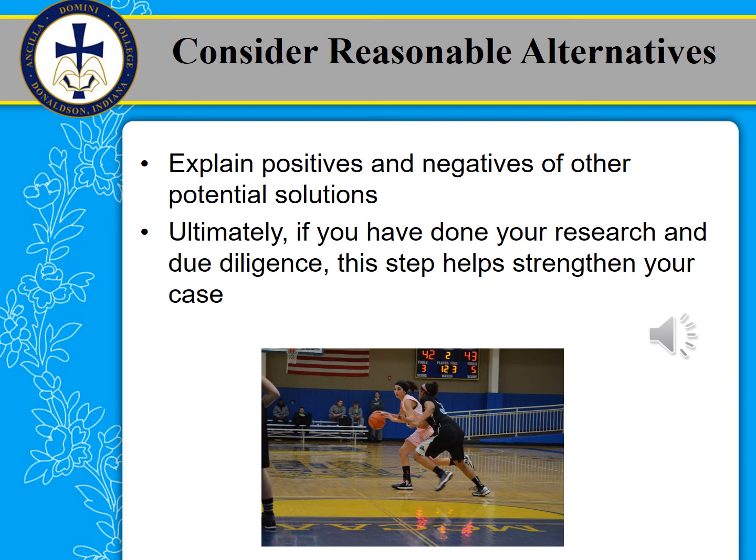That's something that we do at Ancilla College, and a lot of places do. They look at what's worked elsewhere, but they also look at, well, maybe this worked elsewhere, but here's where it has some issues, or here's where it wouldn't apply to us. It shows that you've done your research and you've really thought about it.